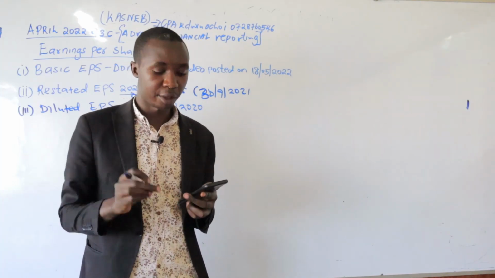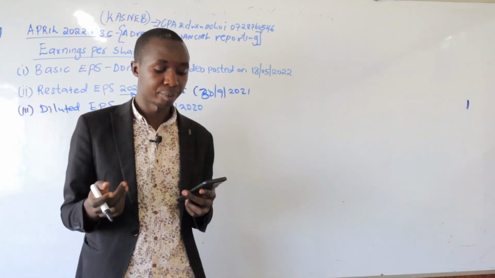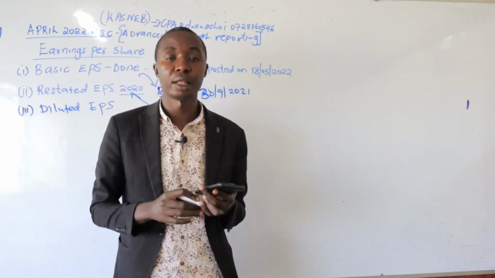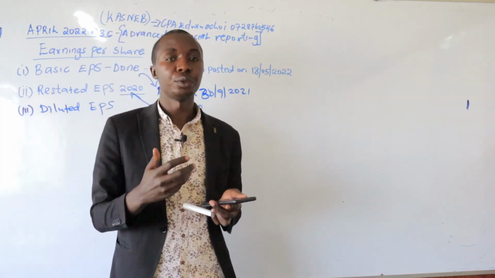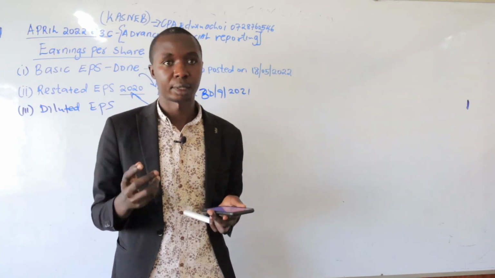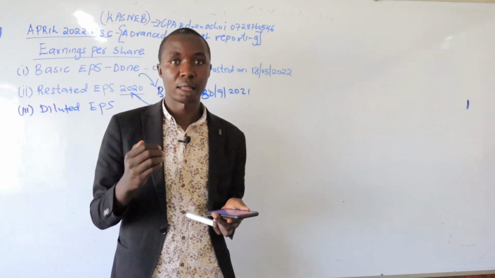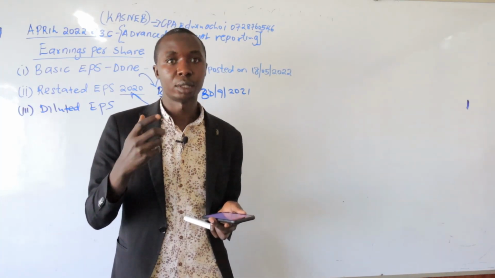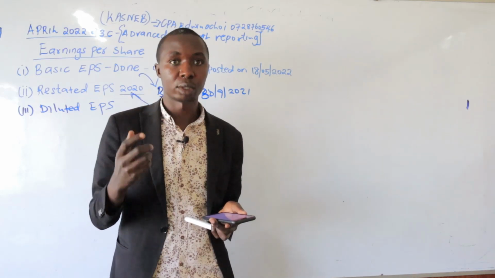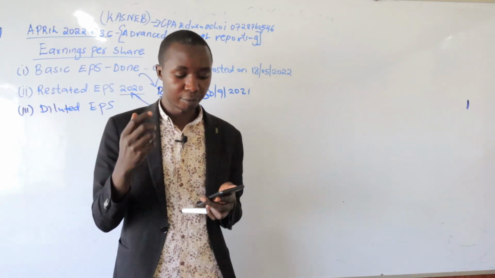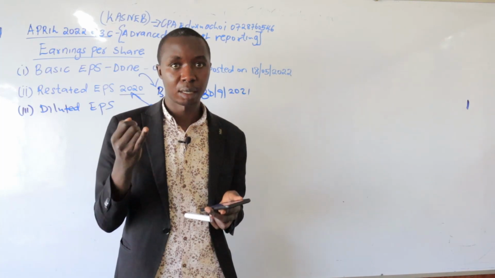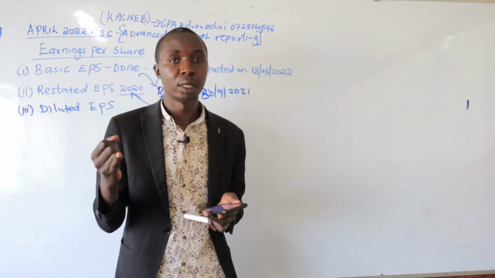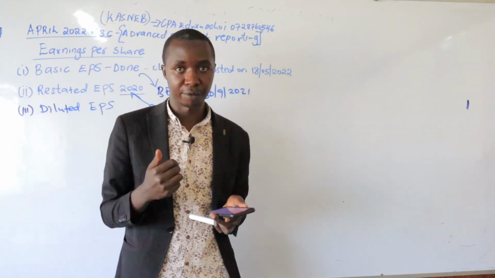Remember that a rights issue is whereby the entity issues shares to the existing shareholders at a price which is lower than the market price. In this scenario, the entity issued shares to the existing shareholders on a proportion of every 5 shares they possessed, they received 1 at the price of 2 instead of the market price of 5.